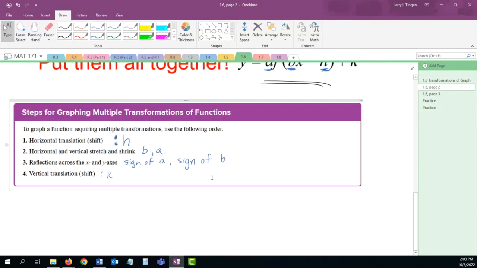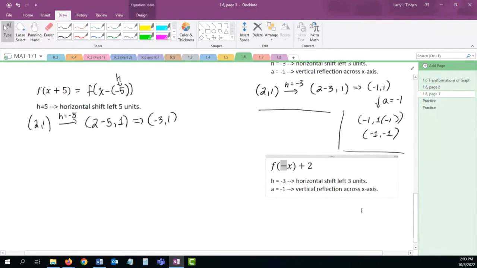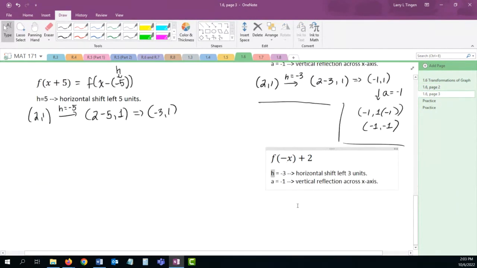If I go back to my notation, that is the letter B. So for this problem, B is -1, and we're used to this, K is 2. Now, K is 2, that's a vertical shift up 2 units.